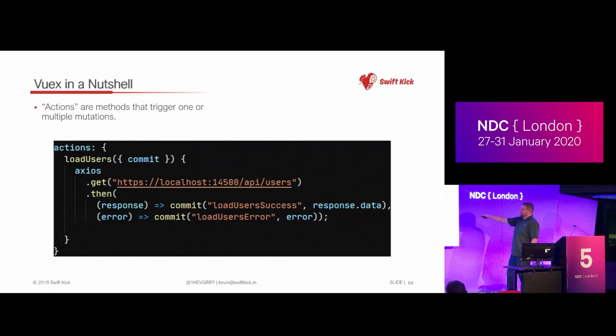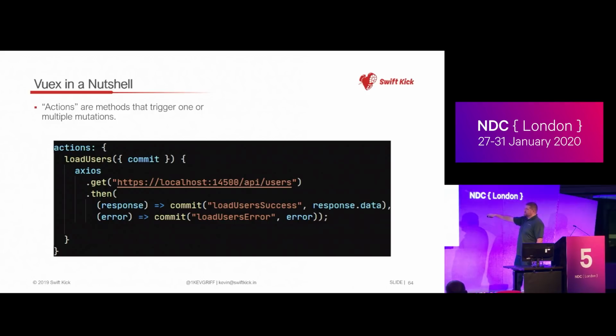I'm going to take the commit method out of it, and I'm going to run my Ajax request, and I'm going to tell Vuex I want to commit to the load user success mutation some data, or I want to commit to the load user's error mutation some data. I can have multiple commits inside of an action.